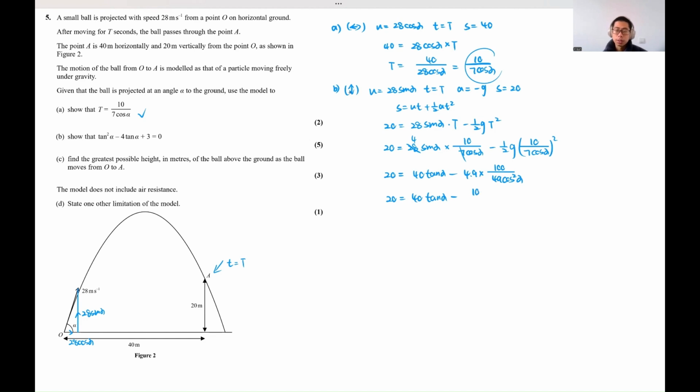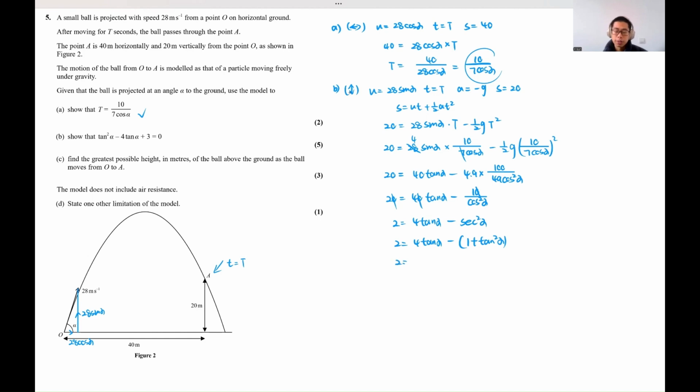So that would be 10/cos square alpha. And then we can divide by 10 for both sides. So 2 equal to 4 tan alpha, and then minus, so 1/cos square alpha is just equal to sec square alpha. And then we know there's one identity that can change sec square alpha into tan square alpha, which is 1 plus tan square alpha equal to sec square alpha.